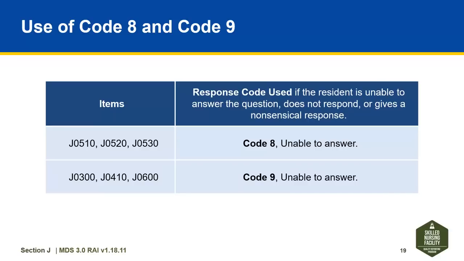For J0300, J0410, and J0600, code 9, unable to answer, if the resident is unable to answer the question, does not respond, or gives a nonsensical response. Although the response code is different for these items, the meaning is the same.